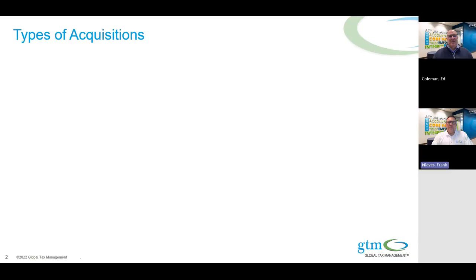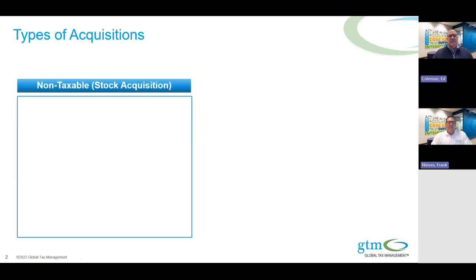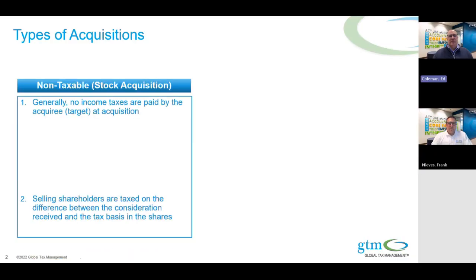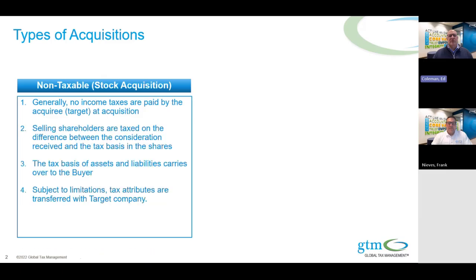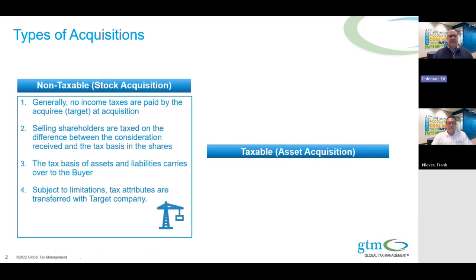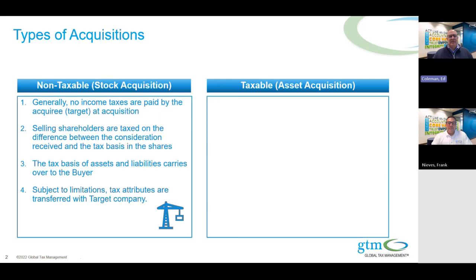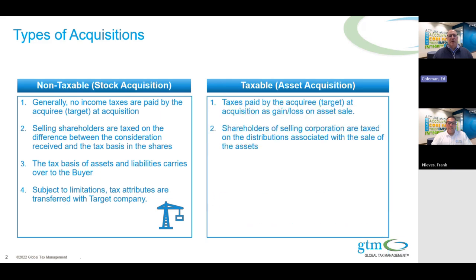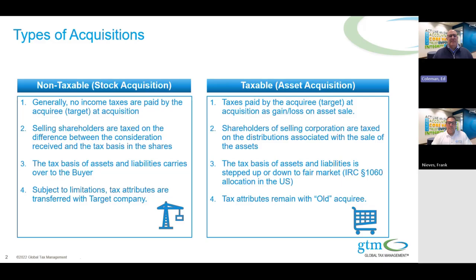Hello. I'm going to walk through the different types of acquisitions, and one's called non-taxable and the other's called taxable. And I'm going to pull all of our sub-bullets up on the page here, and we'll walk through. So you have a non-taxable or stock acquisition, taxable or asset acquisition.